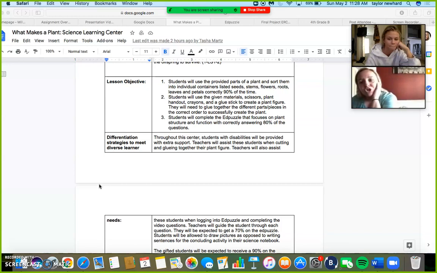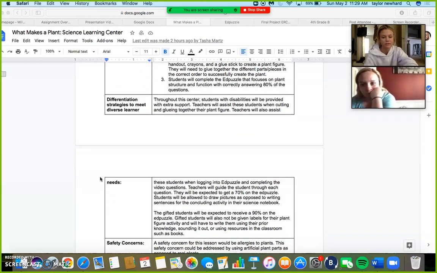Our objective number 2 is students will use the given materials: scissors, plants, the plant handout, crayons, and glue stick to create a plant figure. And then our next objective is they will complete the Edpuzzle with 80% accuracy. I can read the next few.